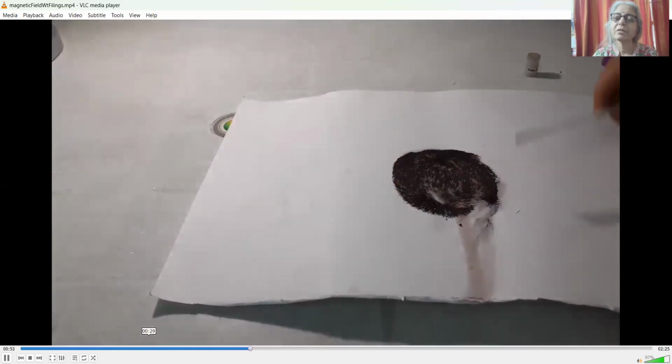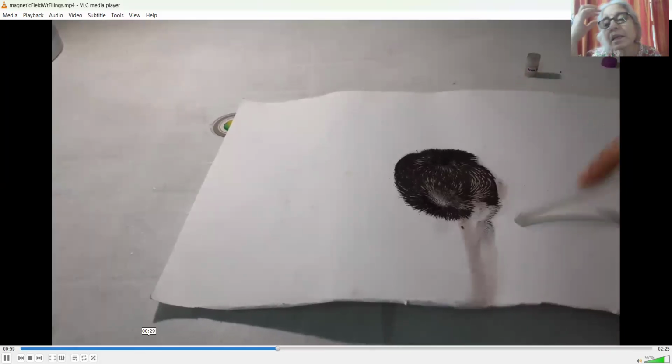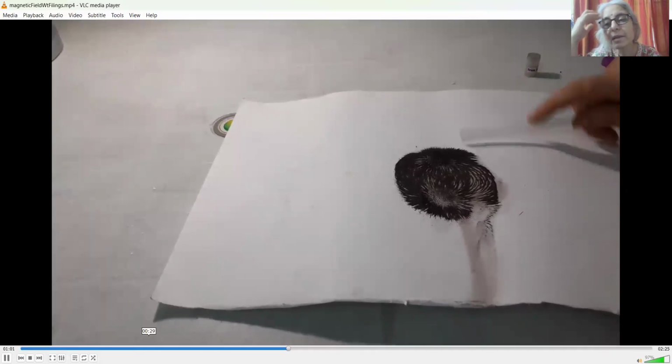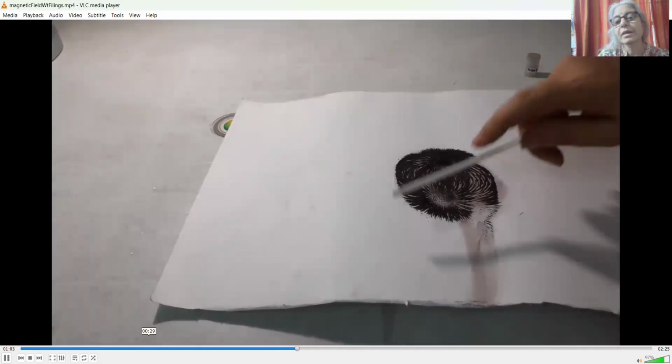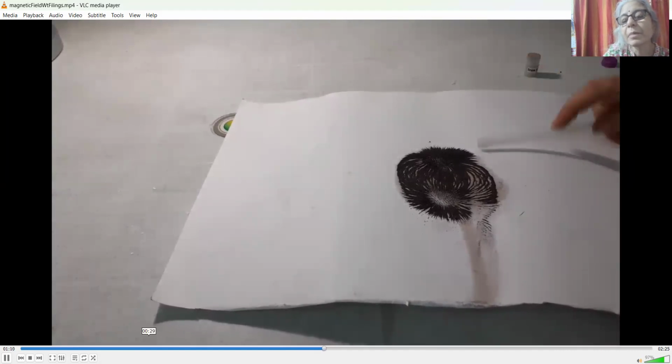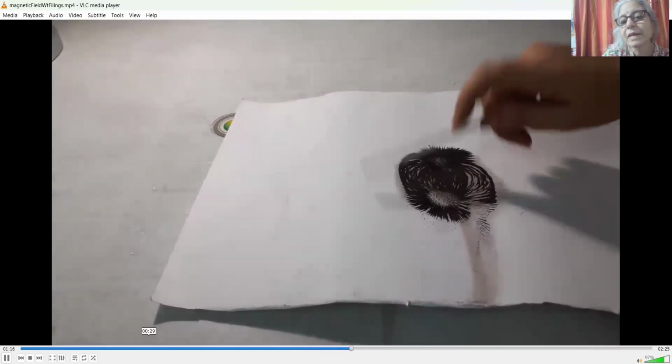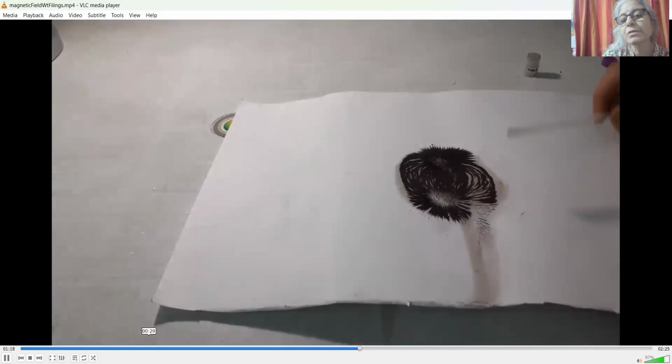Then I tap it with a plastic straw. So as I tap, the iron filings are getting aligned. Okay, they're getting aligned. They're changing direction, moving slightly, and you can see a pattern appearing, which looks the same as the diagram we drew for lines of force.